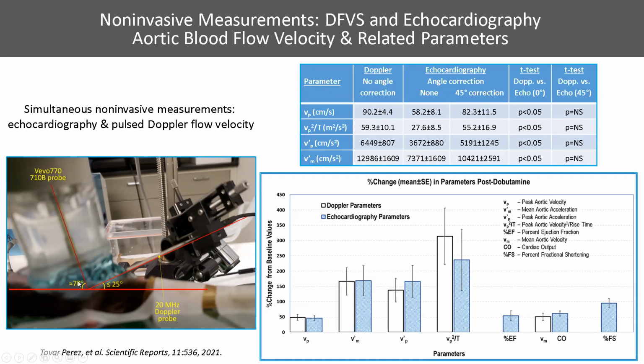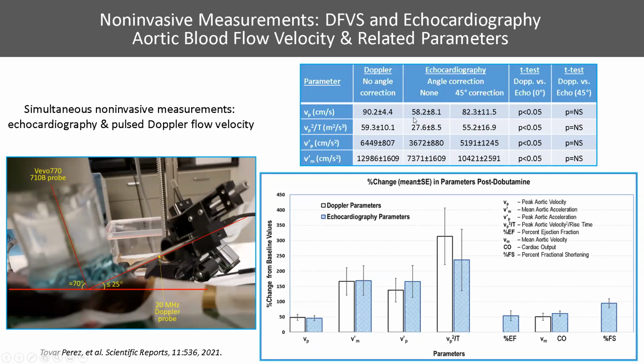And you can see the roughly these angles are approximate. So that's what we estimated. And we did a comparative study. So these are done simultaneously. There's no interference of the echo with the Doppler probe or the Doppler probe interfering with the echo. There's some speckle noise, but that doesn't seem to affect the velocities or anything like that.